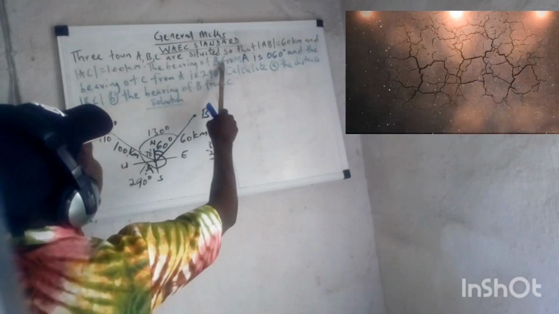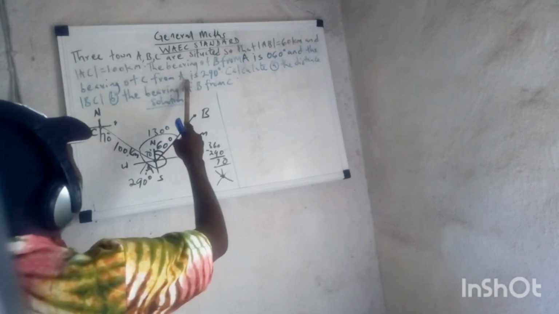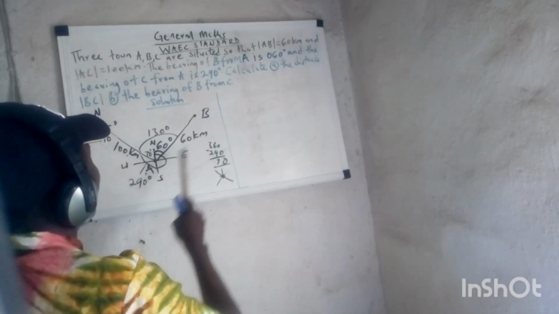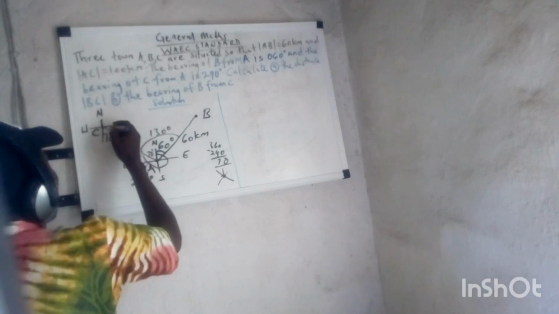Now, the bearing of B from A is 60, and the bearing of C from A is 290, like I showed you. Calculate the distance line BC. So there's a line BC.